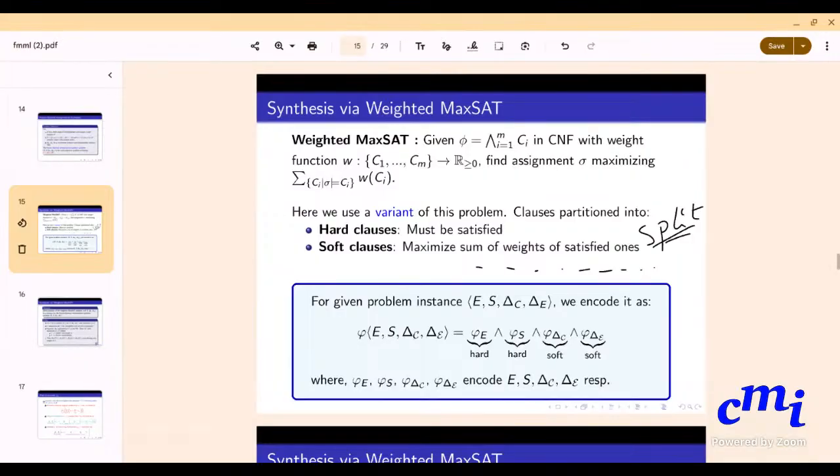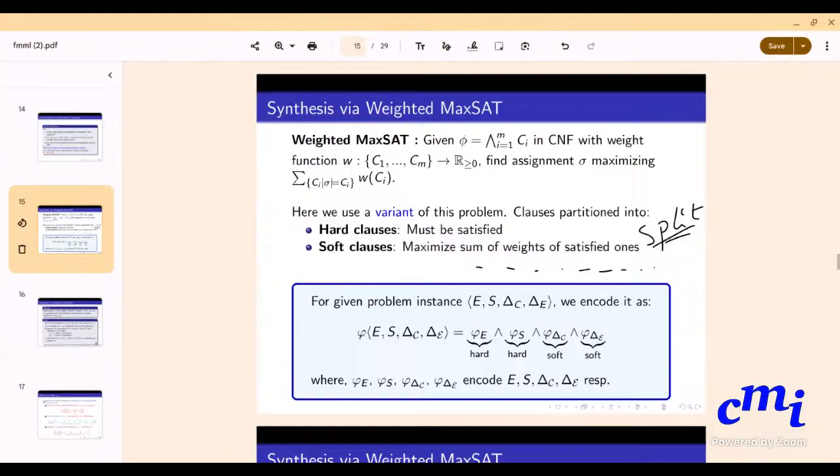Phi S does, given the sample, that it indeed gives the output for each of the inputs, whatever output that it gives.